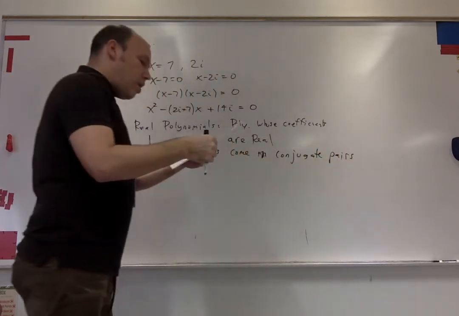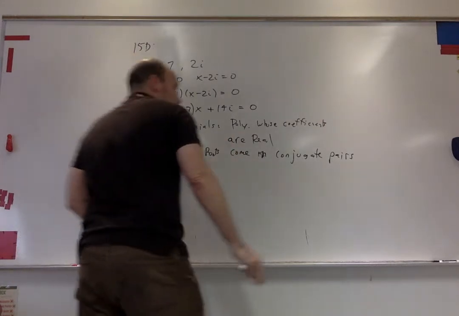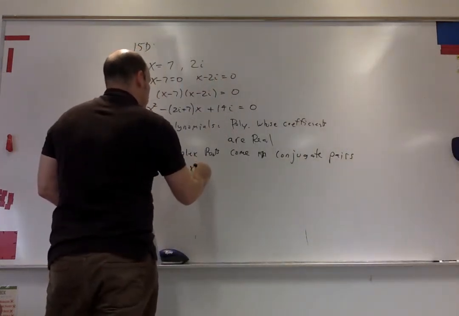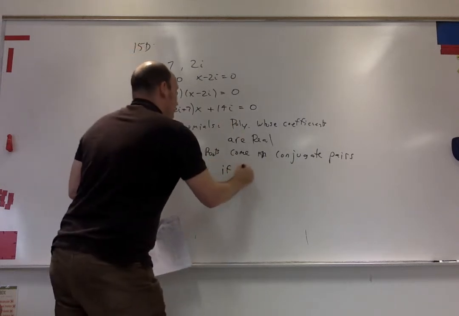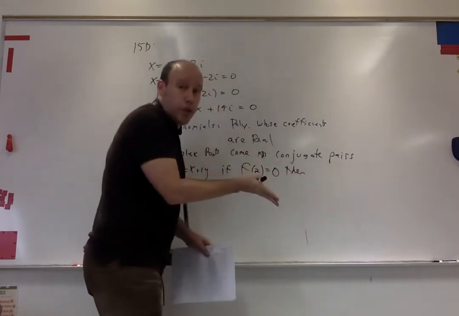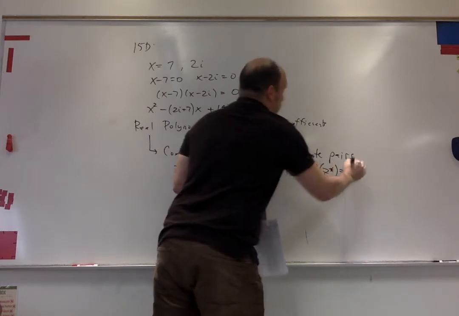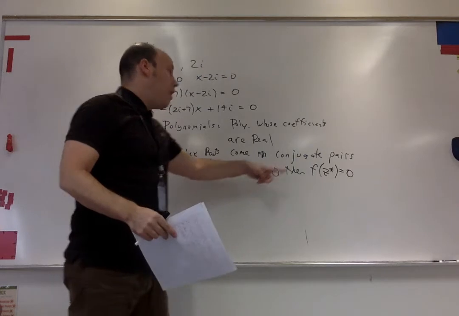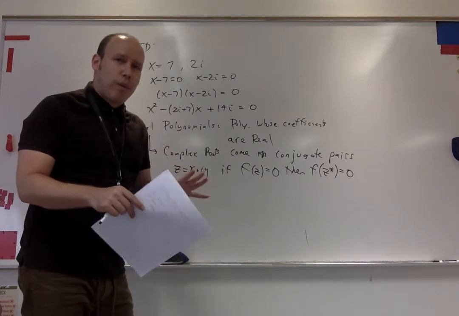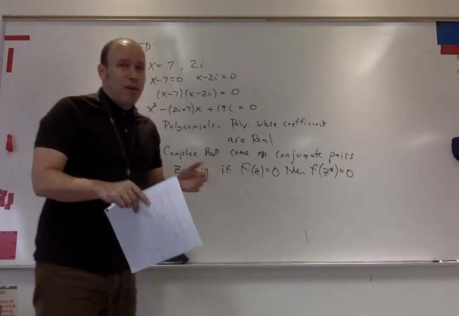And so they say let z equal a plus bi, or z is x plus iy, and they say if f of z equals 0, then its conjugate, the book uses z-bar, equals 0. If z is a root, then the conjugate is a root. Fine. Then they say you should memorize this formula. So if you have a complex number as a root, you can quickly get the polynomial.